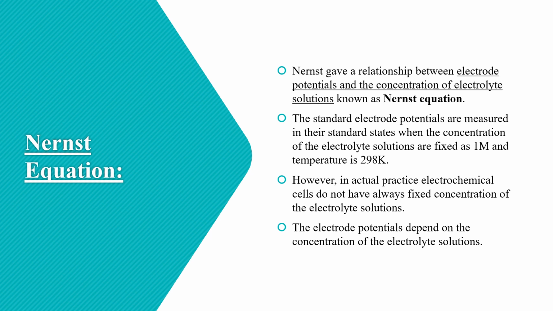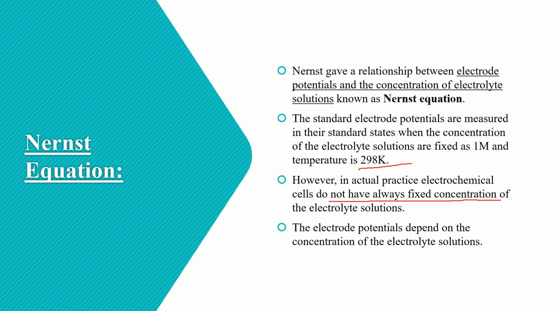As we have discussed earlier, the standard electrode potential is measured where the concentration of electrolyte solution is 1 molar and the temperature is the standard value, that is 298 Kelvin. However, in actual practice, electrochemical cells do not always have a fixed concentration of electrolyte solution.